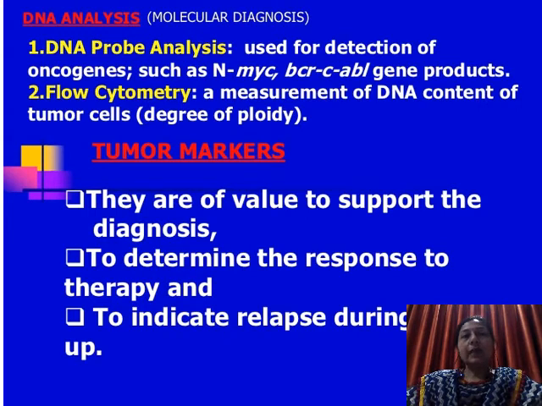Molecular diagnosis can be done by DNA probe analysis and flow cytometry. Then there are certain tumor markers, which we measure in the serum. They are of value to support the diagnosis, to determine the response to therapy, and through their level we can make out whether the patient has relapsed or not.